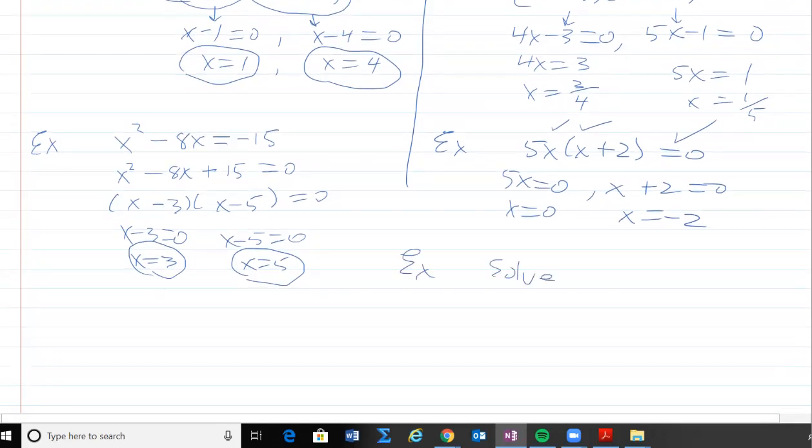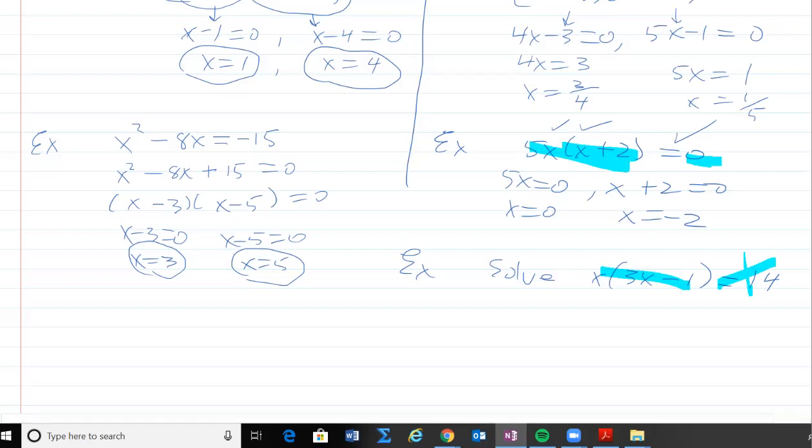Okay, let's try another one. Let's solve this. All right, you notice we have that situation where it is factored on the left side, but unlike in the last example, which was nice because not only was it factored, but it was equal to 0, this is factored but not equal to 0.